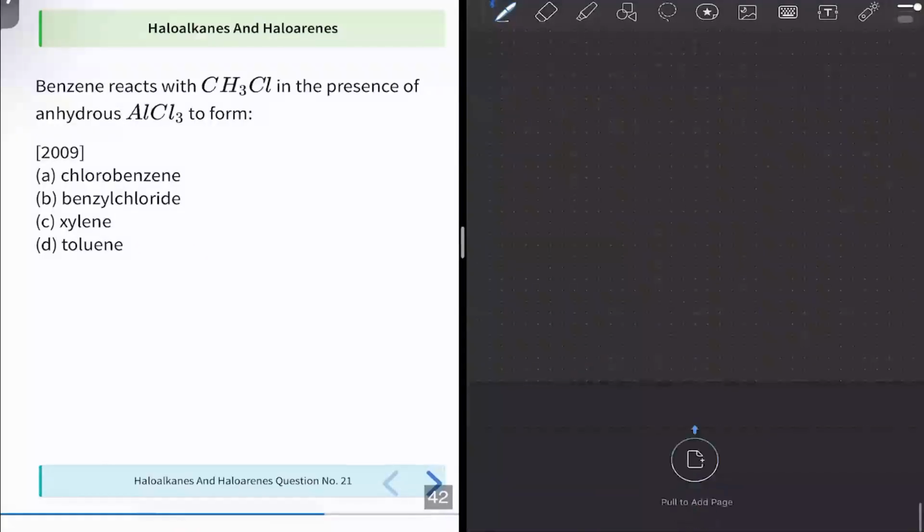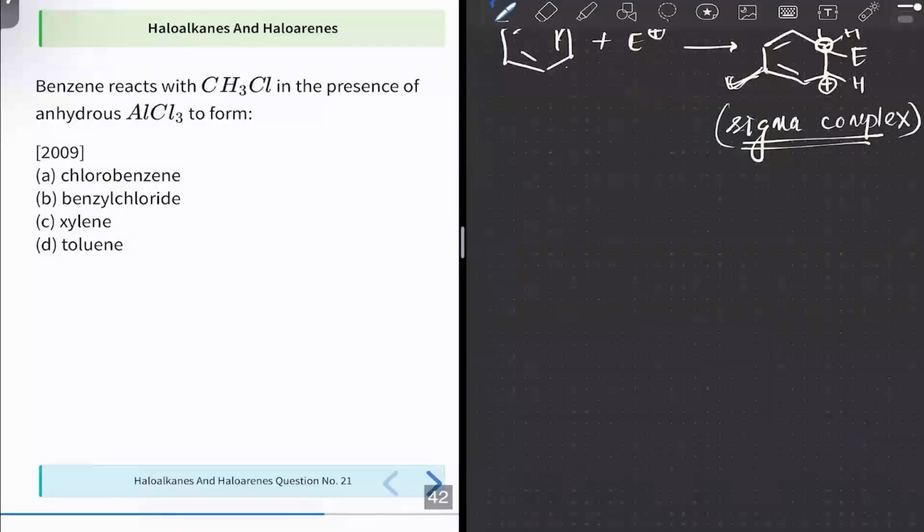And this sigma complex, is it stable or unstable? It is stable based on the resonance mechanism.